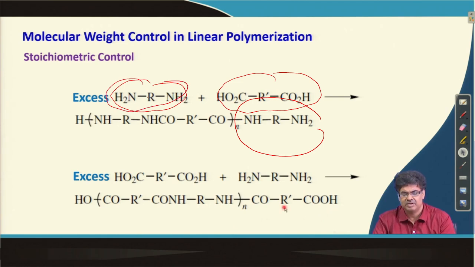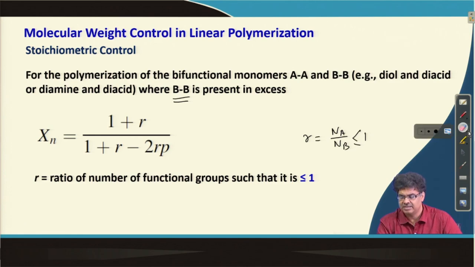Similarly, here diamine is in excess, and here dicarboxylic acid is in excess, so the end group will be the same. It is a very common understanding. So if one monomer is in excess, you need to use this formula. Here R is nothing but the ratio of Na and Nb. This ratio should always be less than 1.